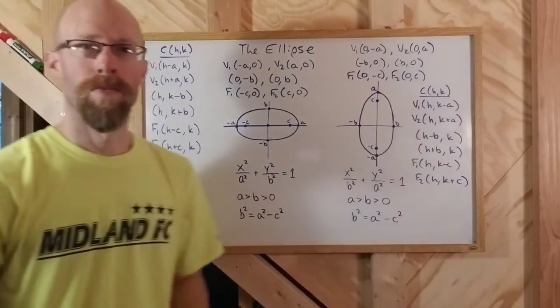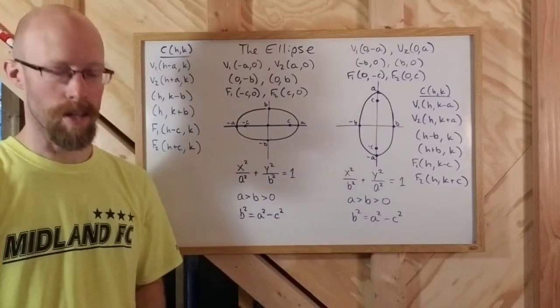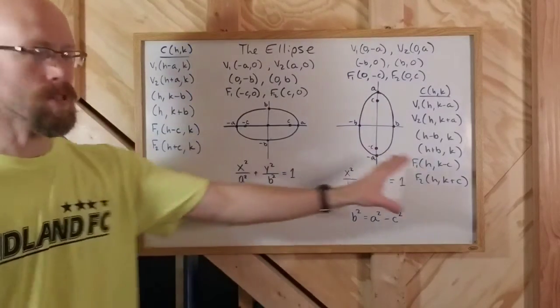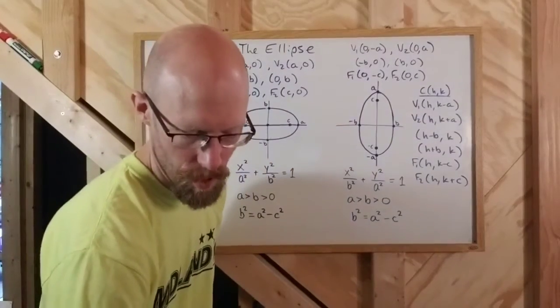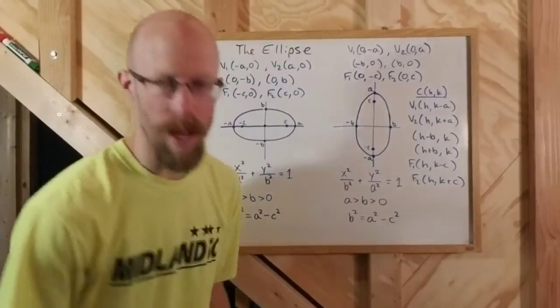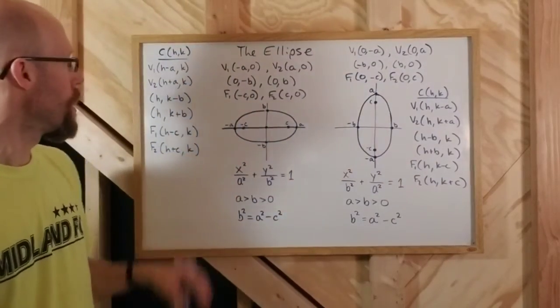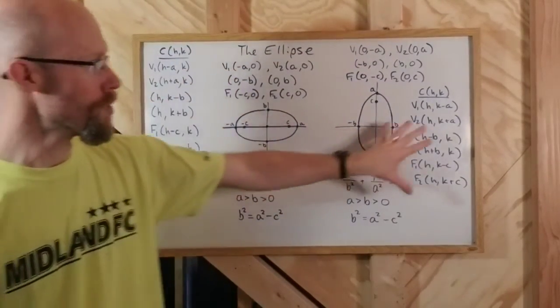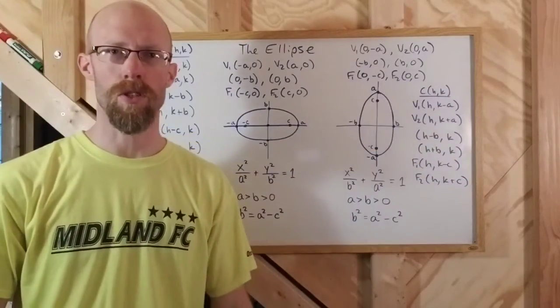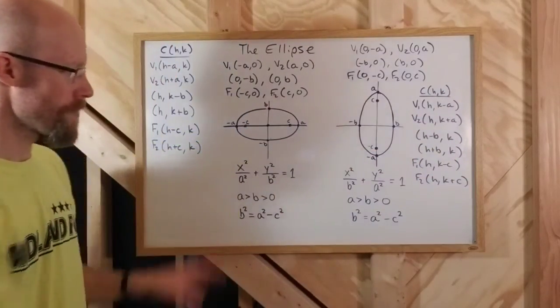Okay. There is a couple nice tables in your textbook that summarize this information. You can find that on page 670, and it may not have all of these coordinates, but it gives you a good chunk of them, and it gives you the formulas.